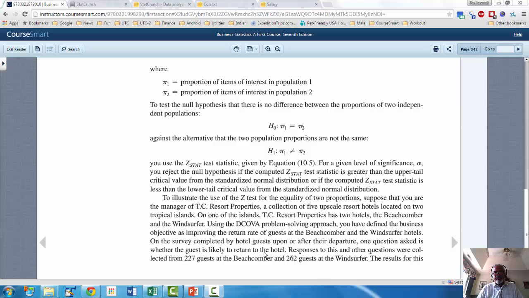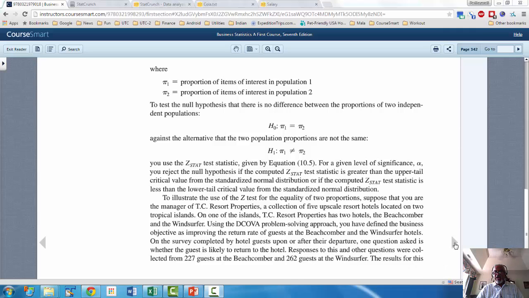So we take a random sample from the first hotel, which is Beachcomber. The respondents were 227 guests at Beachcomber and 262 guests at Windsurfer.